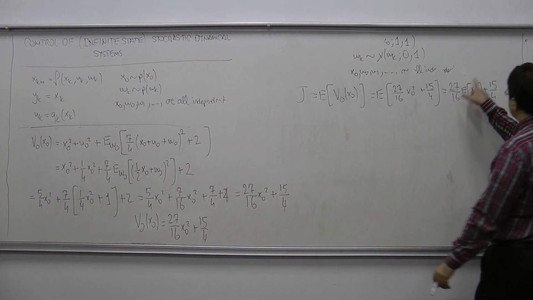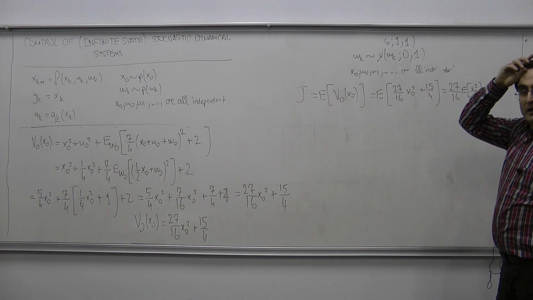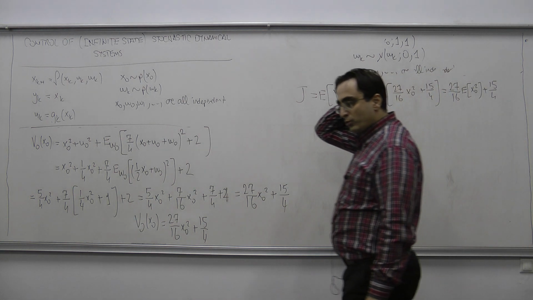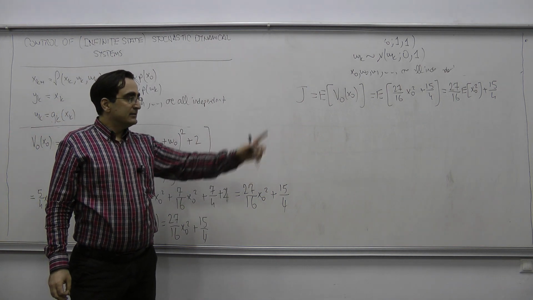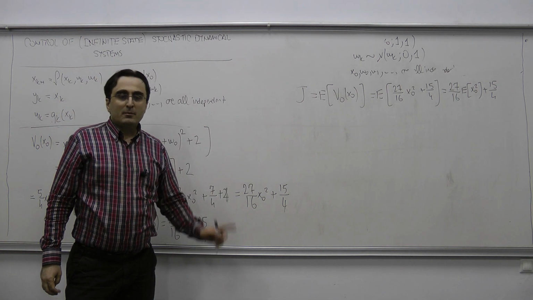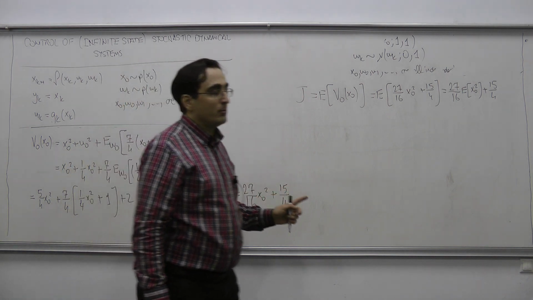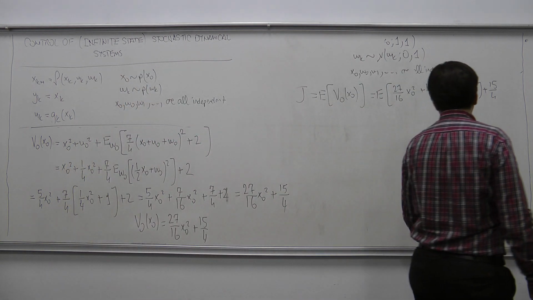Is this the variance of x0? Expected value of x0 square. If x0 has 0 mean, then that would be the variance. But if x0 has non-zero mean, that would not be the variance.